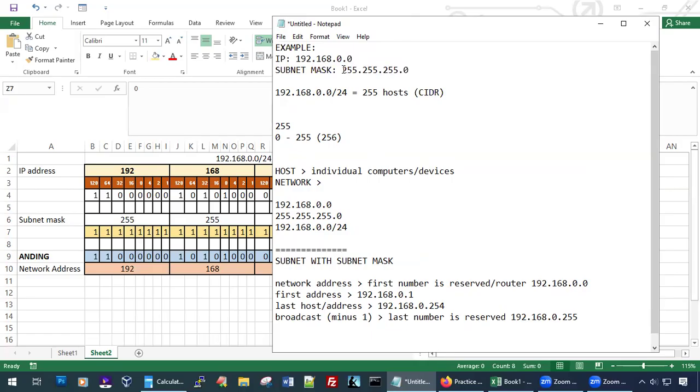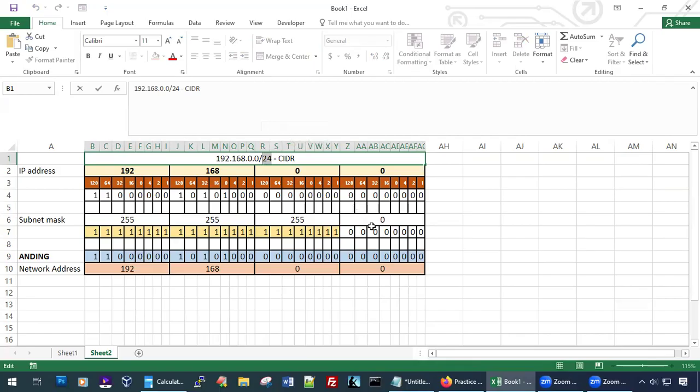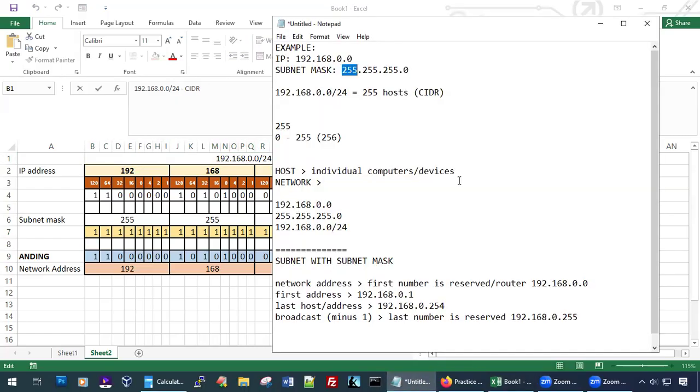Basically what it means is each of these 255s corresponds to 8 bits. 255, 8 bits, 255, 8 bits, 255, 8 bits. So that is 24 bits, and that's how you get that /24 that we have here. It's kind of like writing it in short form. So when you see /24, it's almost very straight math.